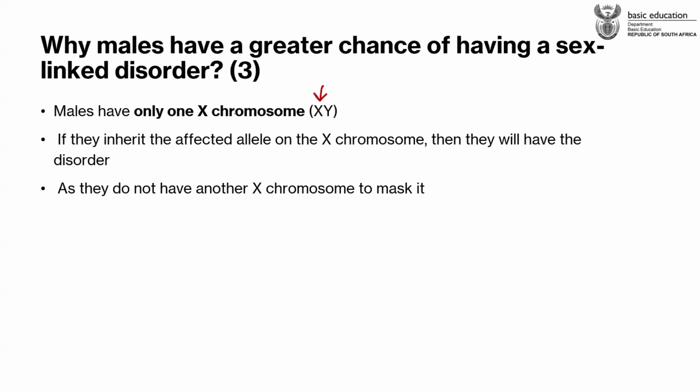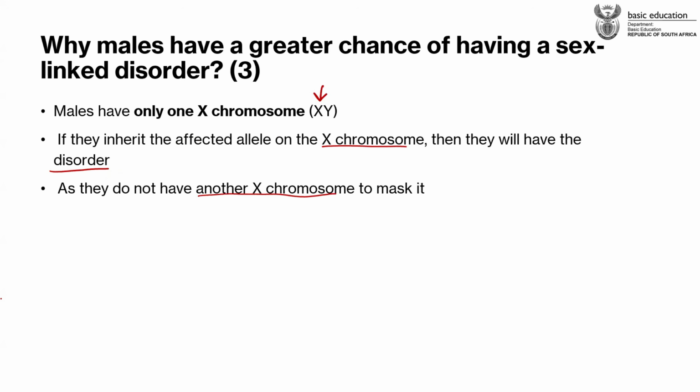So since males have only one X chromosome, once they inherit an X chromosome with a bad allele, they are going to be affected automatically. If they inherit the affected allele on the X chromosome, they will have the disorder no matter what. But females have another X chromosome, and that X chromosome can mask the condition.